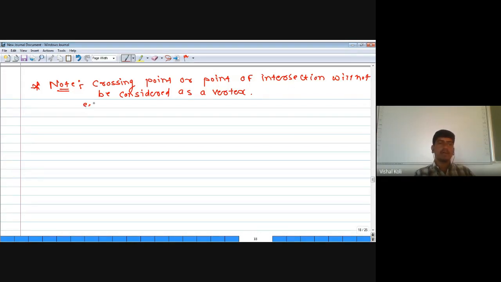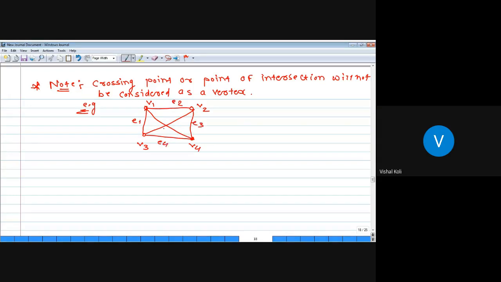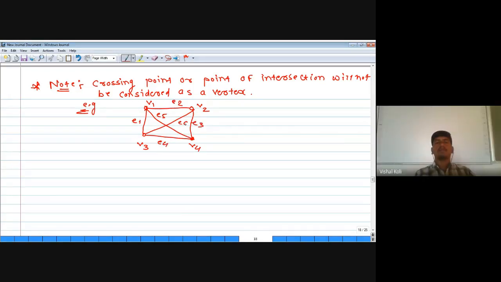For example, suppose there is a graph with V1, V2, V3, V4, and these are the edges E1 to E6.